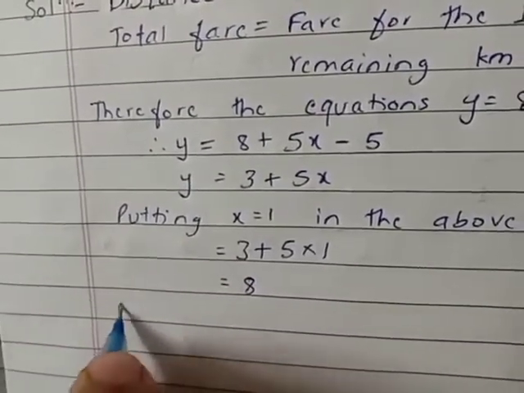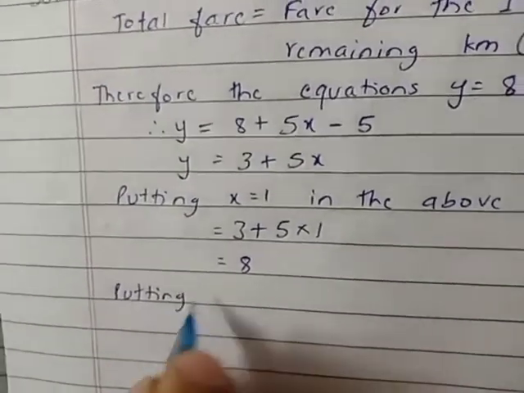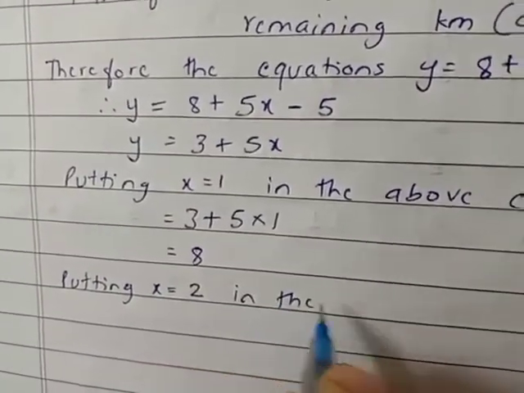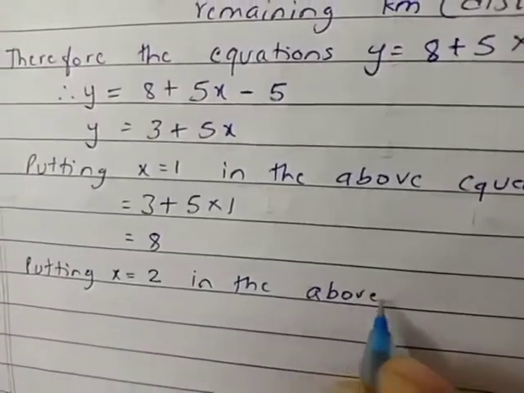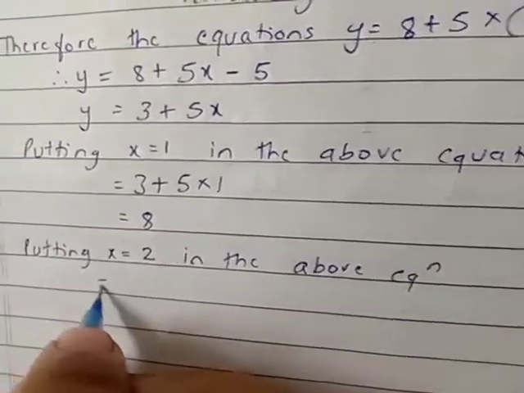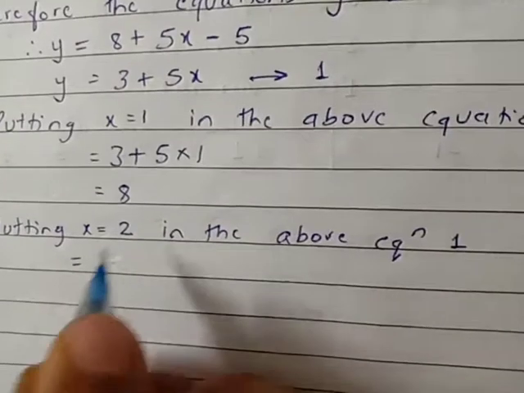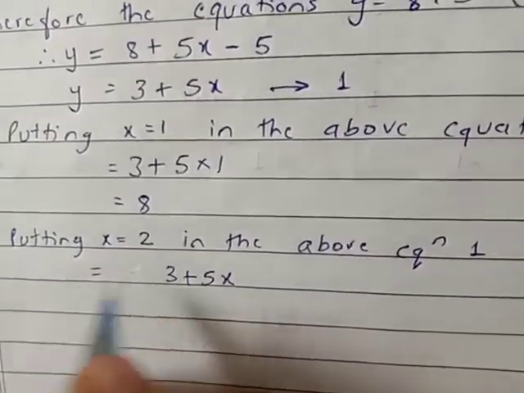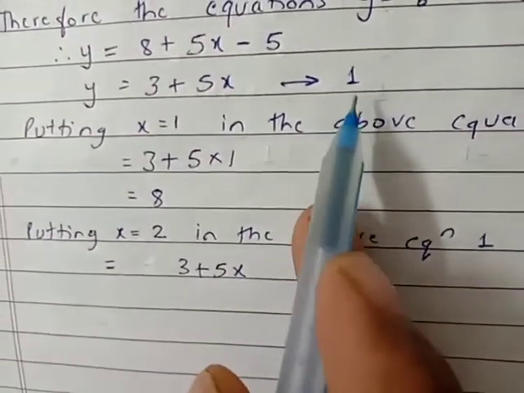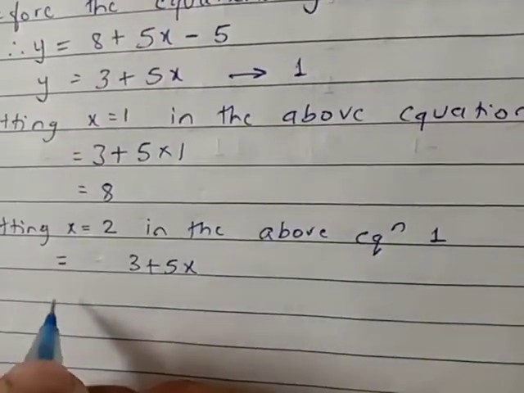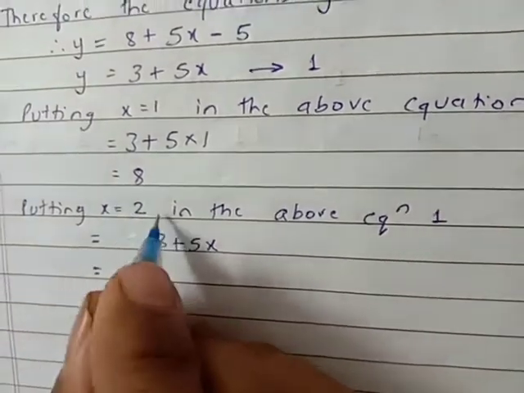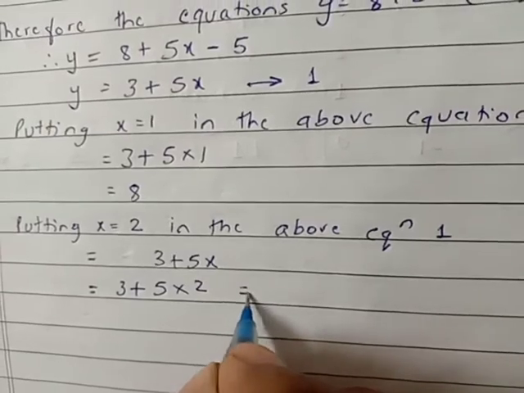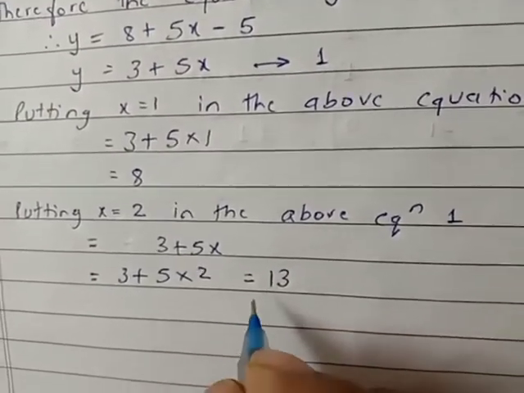Now if you put x equal to 2 in the above equation, 3 plus 5x. We have named that equation as number 1. So now if we put x as 2, 3 plus 5 into 2. So what is the answer? Value of y is 13.